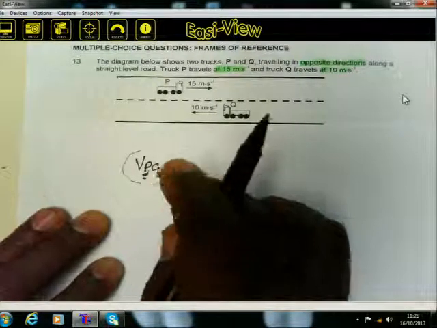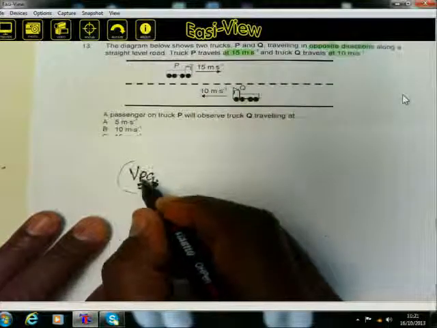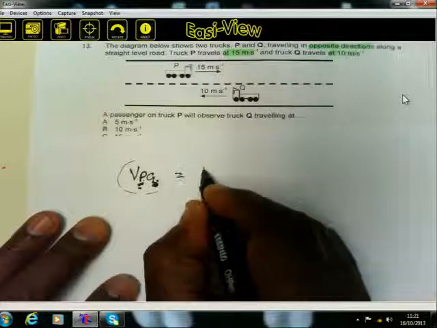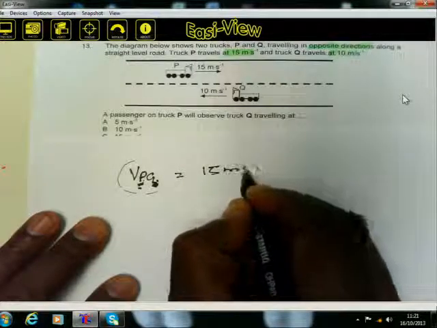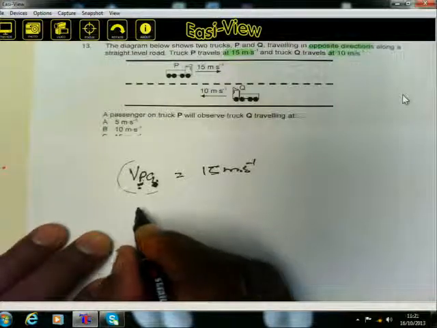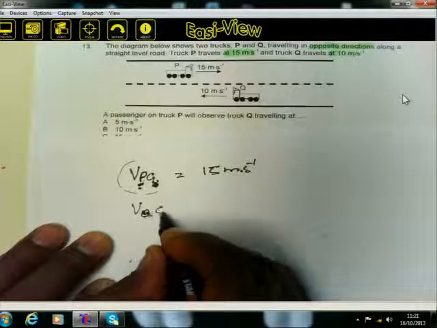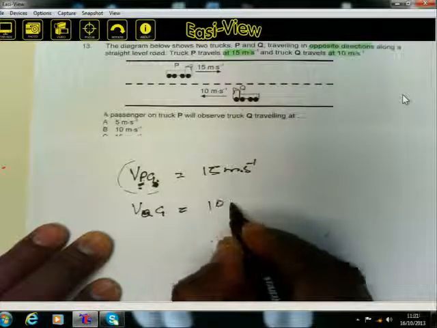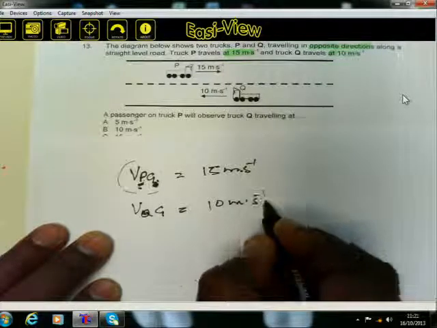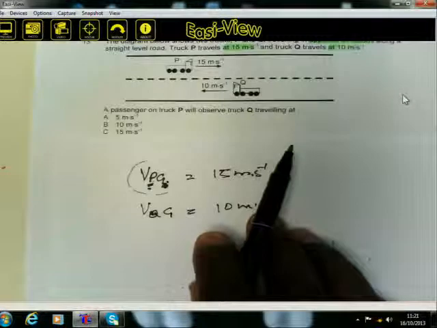So, like we have said, this PG is 15 meters per second, and then Q with respect to the ground is 10 meters per second. Now what we are saying is P is in the car. I think that is what your question is.